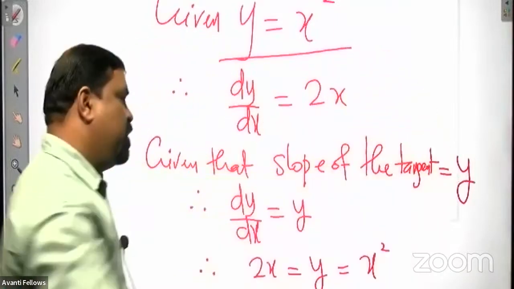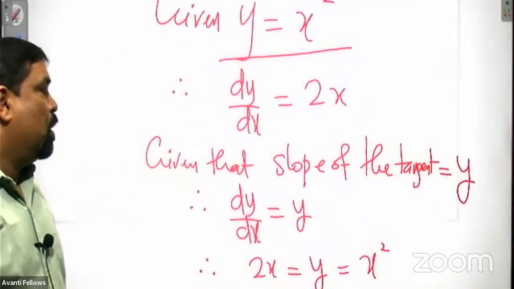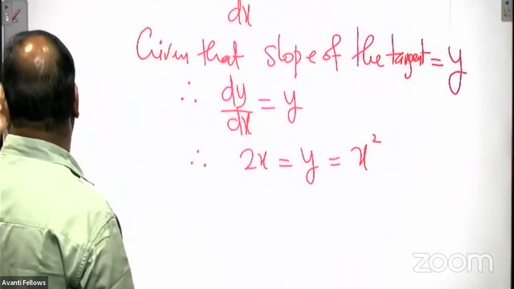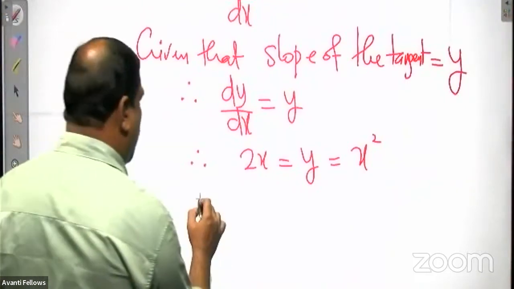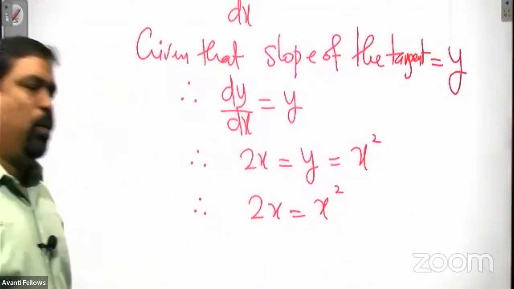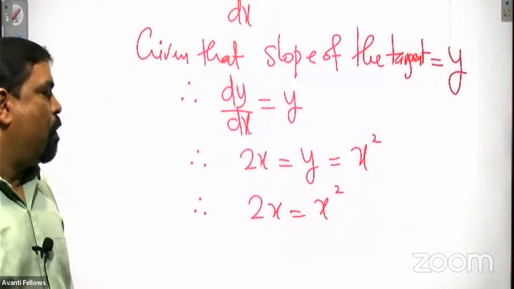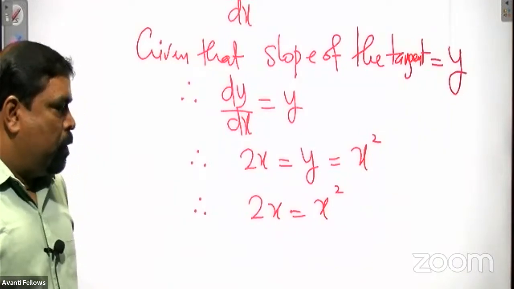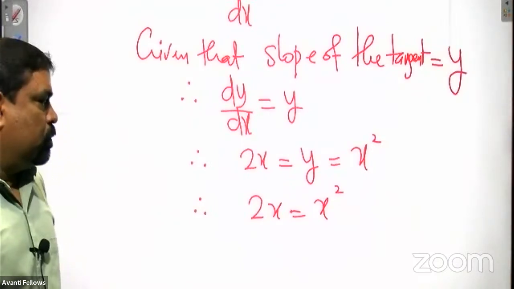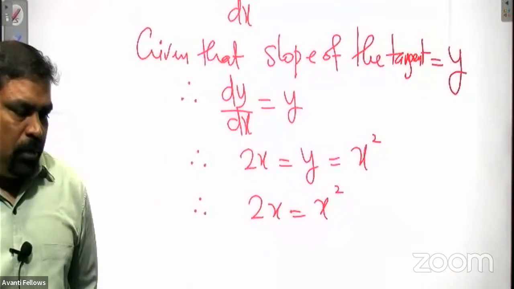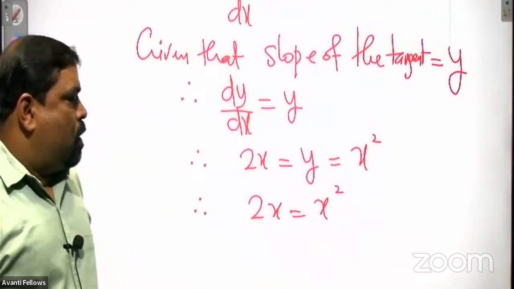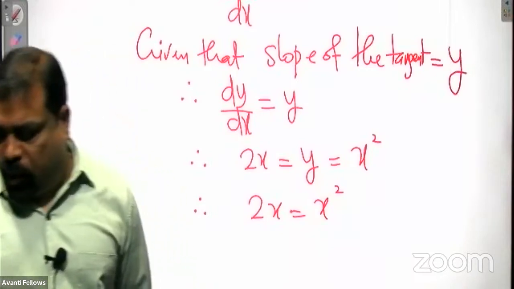That means you got 2x equal to x square. So I think you can find out now.